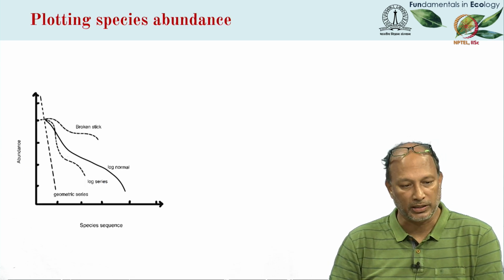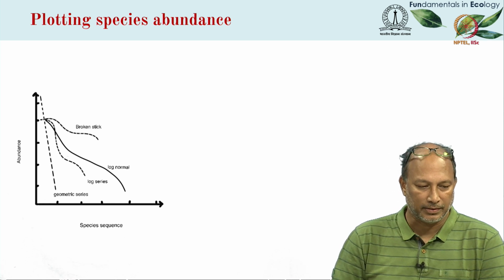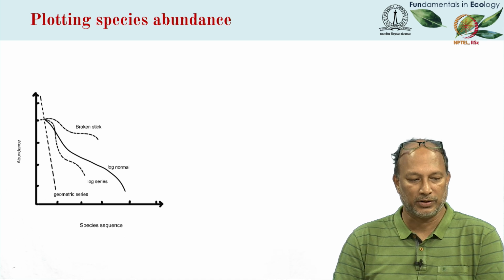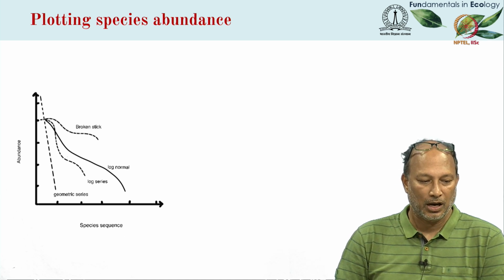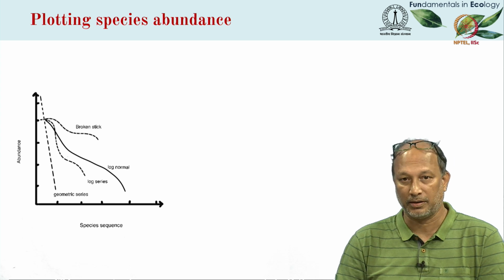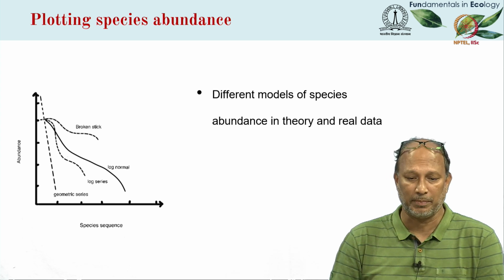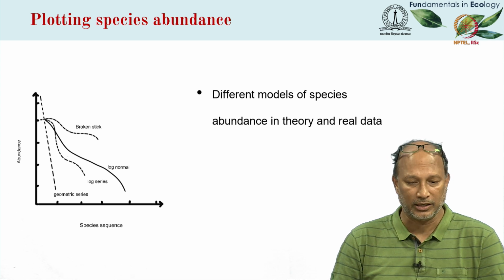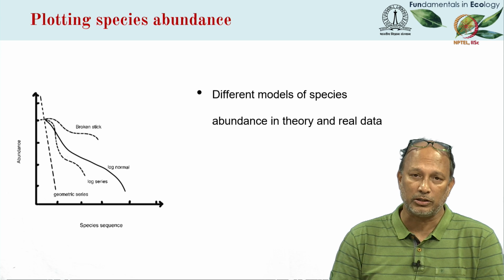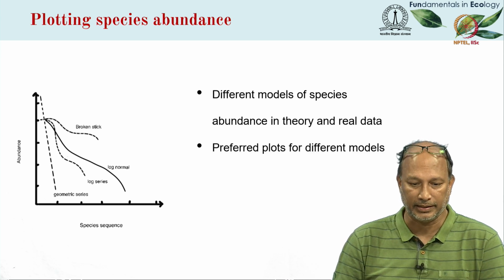Now, if we were to plot this, these are some classic rank abundance plots. So essentially what you do is you plot the species with the most number of individuals first, and then the species which is next in terms of abundance, and so on. And this gives us different models of species abundance both in theory and data.